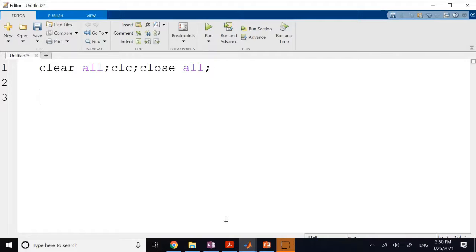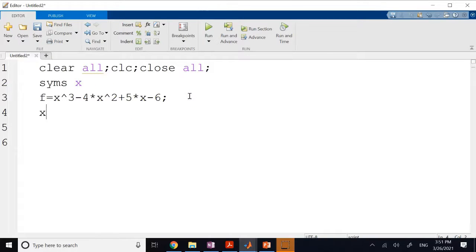So I say syms x, and then f equals what? Just anything. Let's say x cubed minus 4 times x squared plus 5 times x minus 6. Okay? So this is my function.